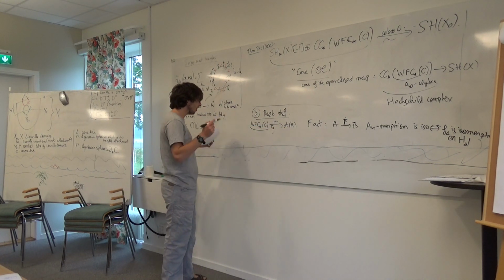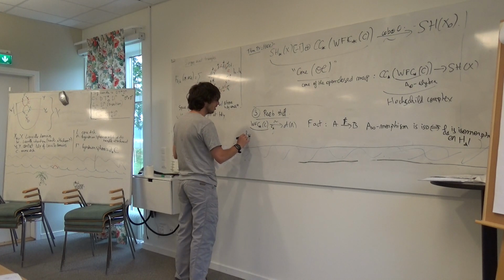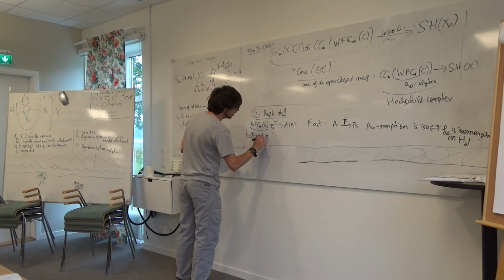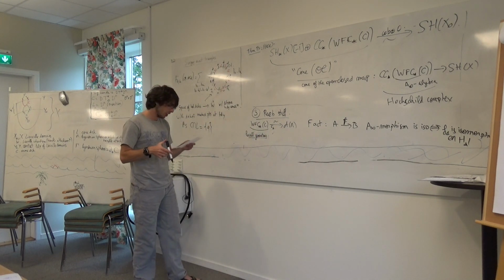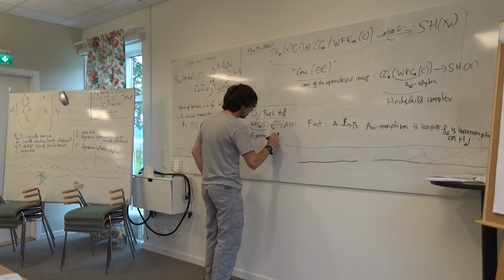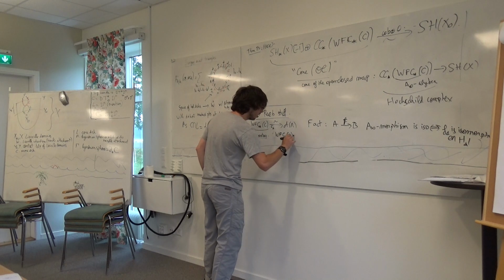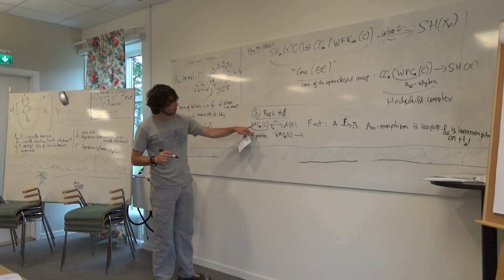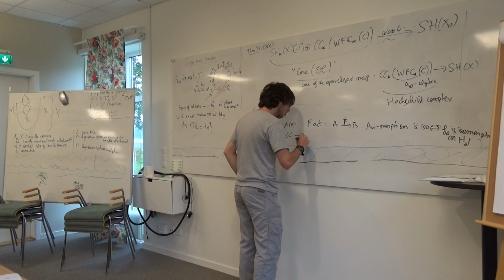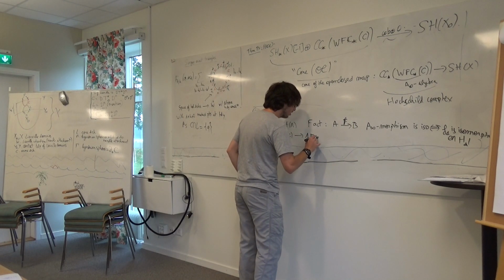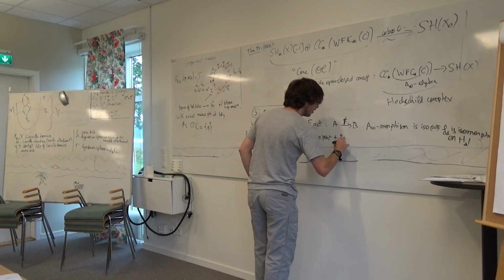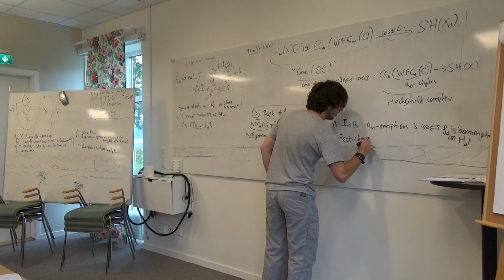First I want to recall what the generators of this space are. This is like a Z2 space. The generators of the wrapped Floer complex are one Morse point plus the Reeb chords of gamma.